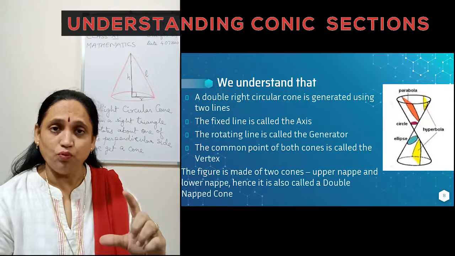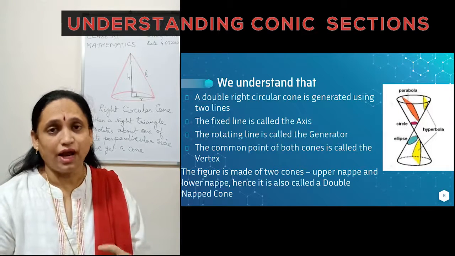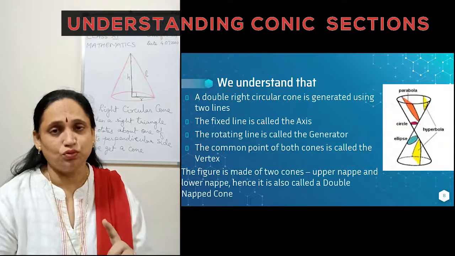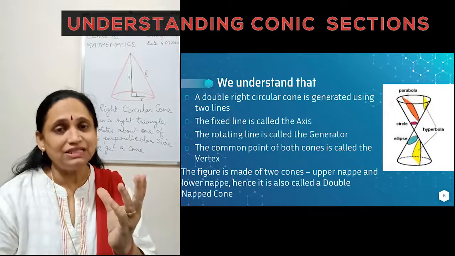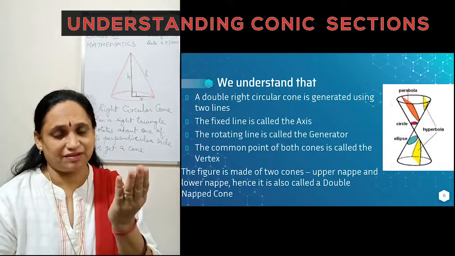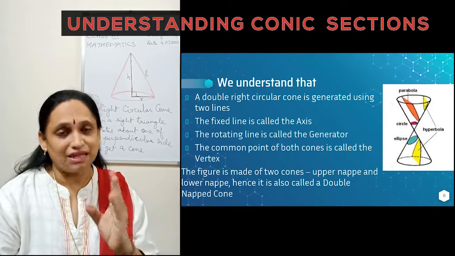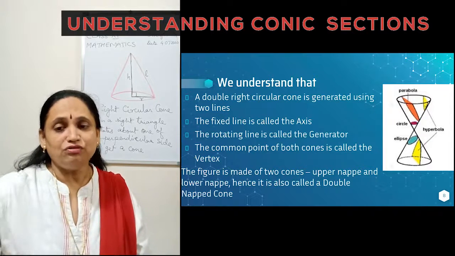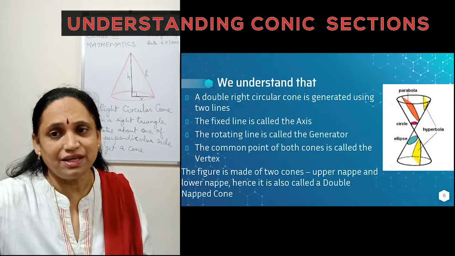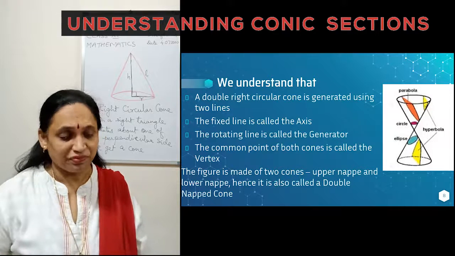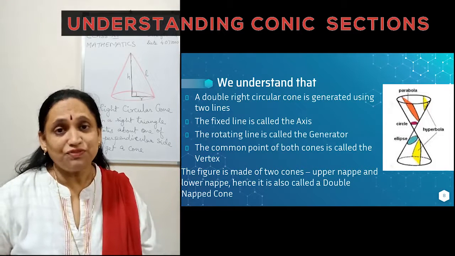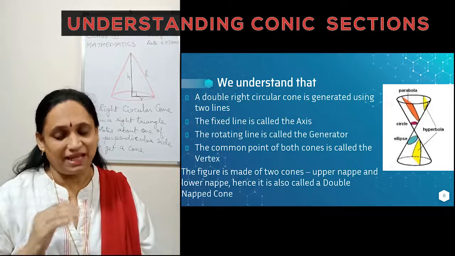One is above and the other is below, and they are called double napped cones because nap means a curved surface. And hence a double napped cone is formed. Now the next video will explain what happens when we cut a cone with a plane.